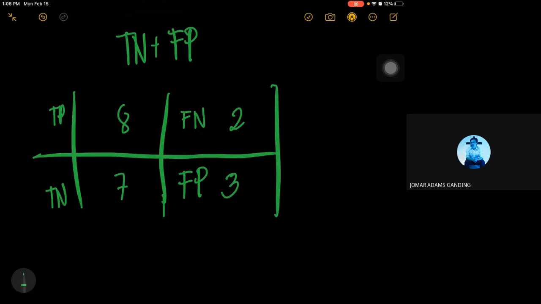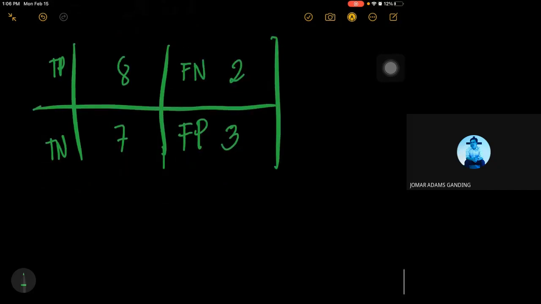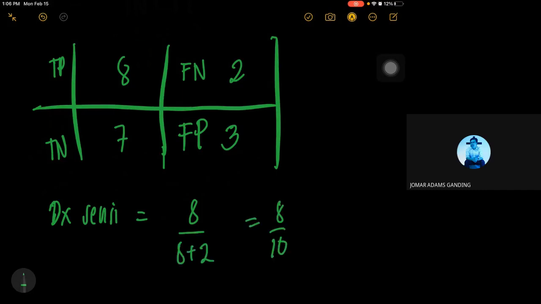So ganun lang, substitute. For diagnostic sensitivity, the formula: 8 over 8 plus 2, that is 8 divided by 10, that is 80%.